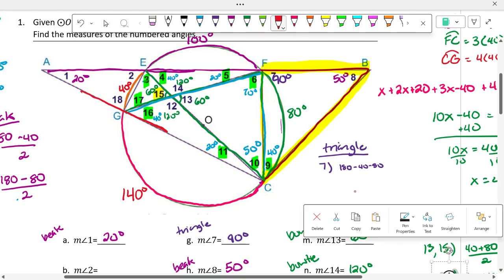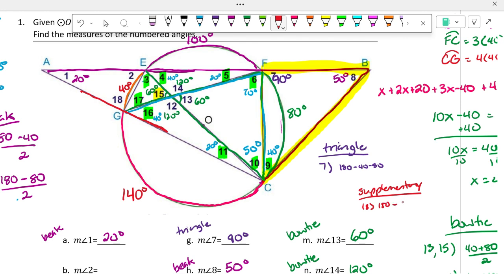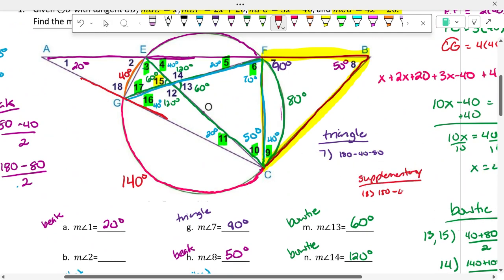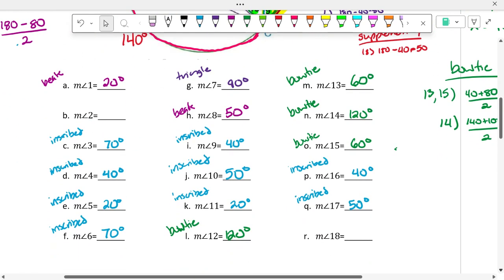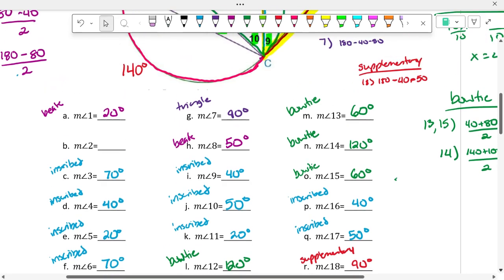So this one I'm going to be using a supplementary connection. Meaning I'm going to take 180 and subtract 40 and whatever 17 was because I didn't mark it, 50. It's 90 again. This angle's also 90 degrees. That's 18, so that one I use supplementary stuff. And then there are 2 ways you can find angle 2.